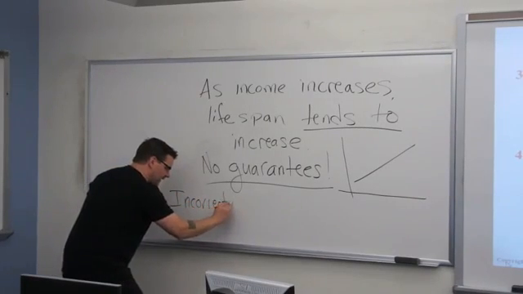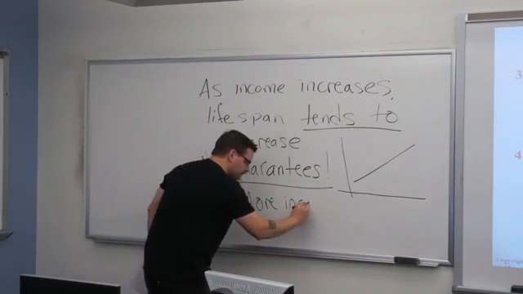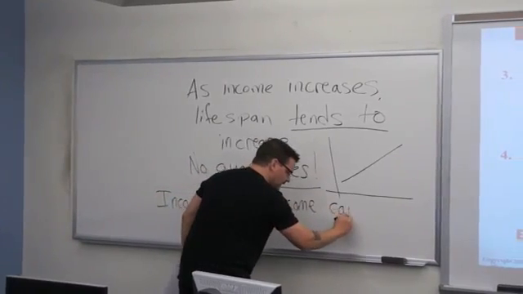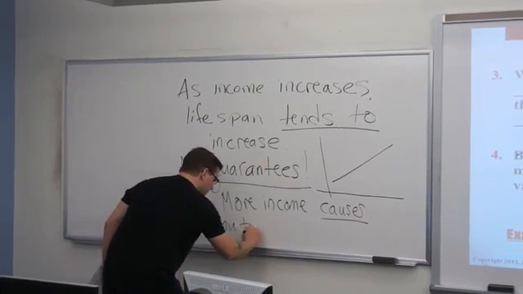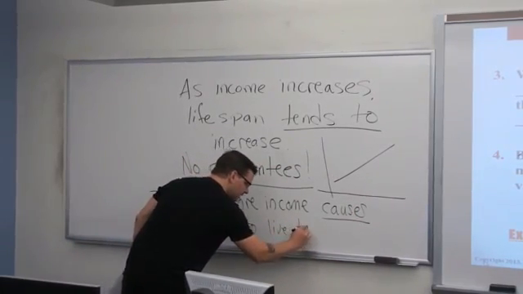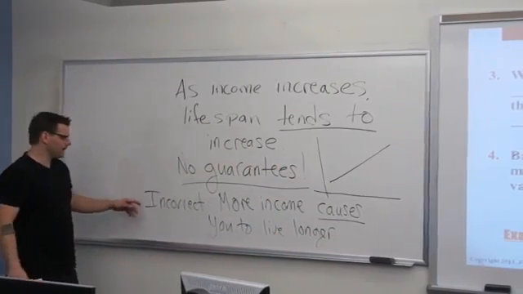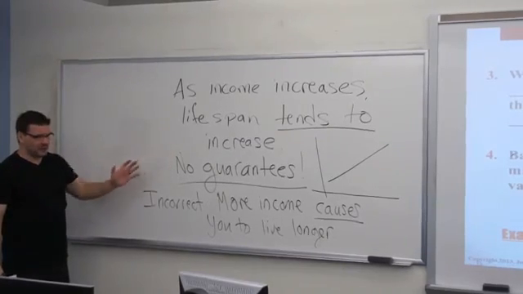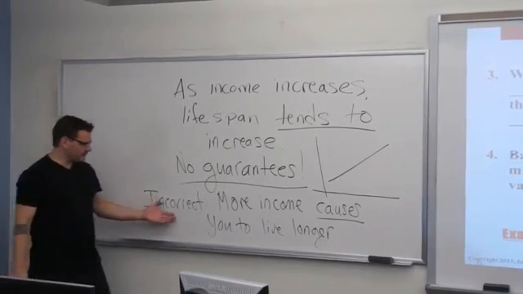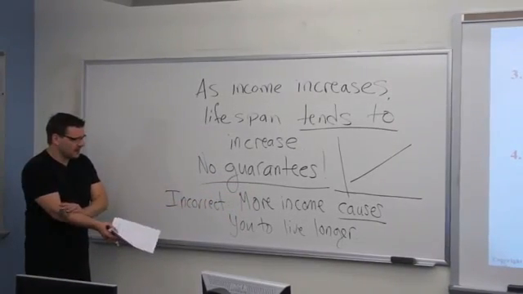It would be incorrect to say that more income causes you to live longer. They are related. There was a pretty strong relationship. We see the pattern in the video, but it would be incorrect to use this terminology. More income causes you to live longer.